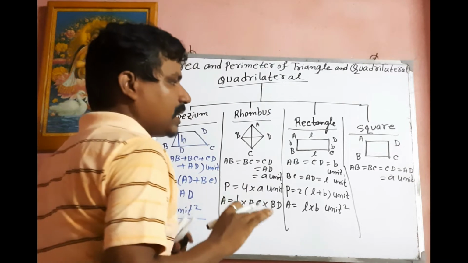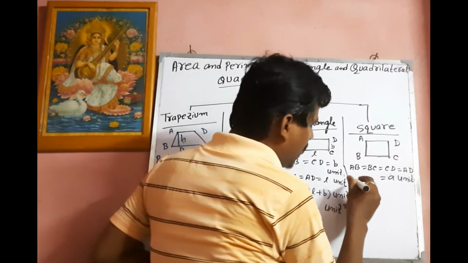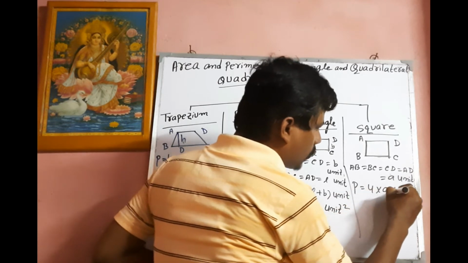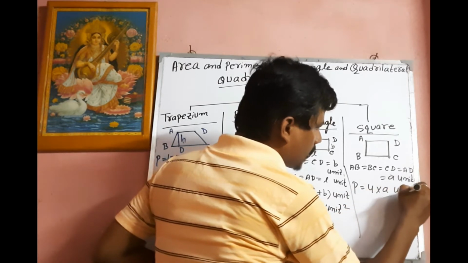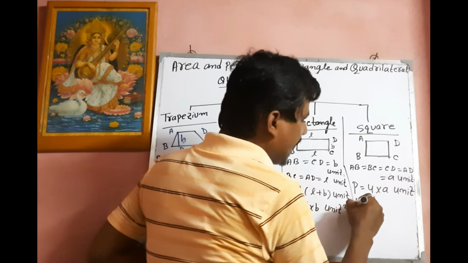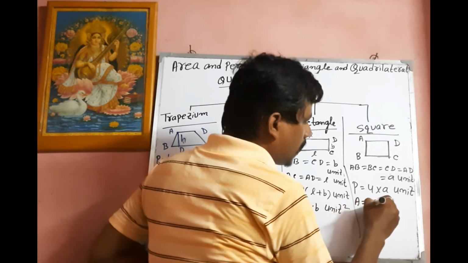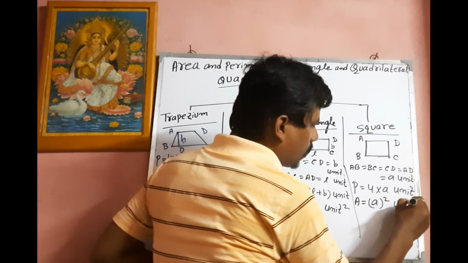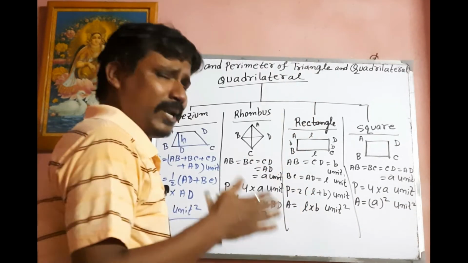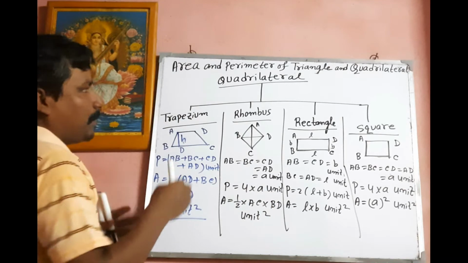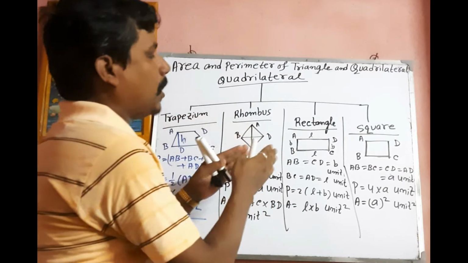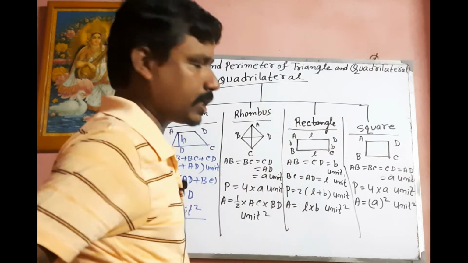The length of the side is A unit. Perimeter P is equal to 4 times A unit. And the area is equal to A square, and this will be the unit square. Now, this is the complete quadrilateral section, that is trapezium, rhombus, rectangle and square.